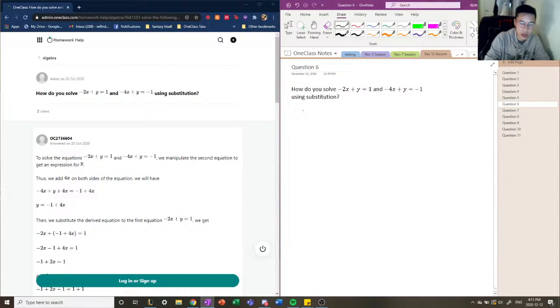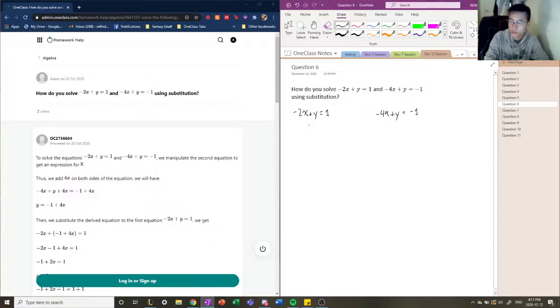All right, so the first thing that I want to do is I'm going to write down our original equations again. So negative 2x plus y equal 1. And the other equation is negative 4x plus y equals negative 1. Okay, so the first rule of using substitution is that you need to isolate one of your variables for either equation, okay?